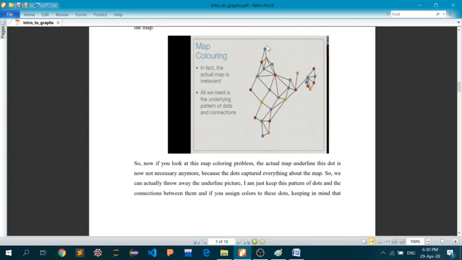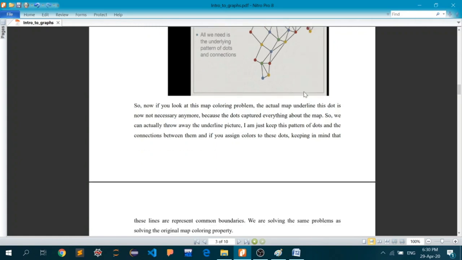I have used the color scheme such that no direct connections are of the same color. You can see this blue and this blue have no direct connection. This green is not connected to this particular green directly, but only through another node.